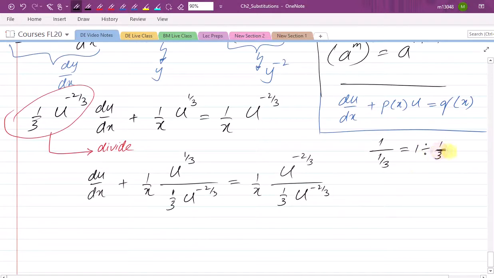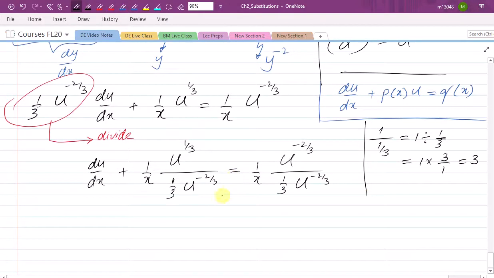Now this 1 by 3 is like 1 over 1 over 3, which means 1 divided by 1 over 3, which means 1 multiplied by 3 over 1. So this is actually 3. Okay? And what about this area here? What do we do with these two? We have to bring u up and add the power, again using a power m over a power n is a power m minus n.